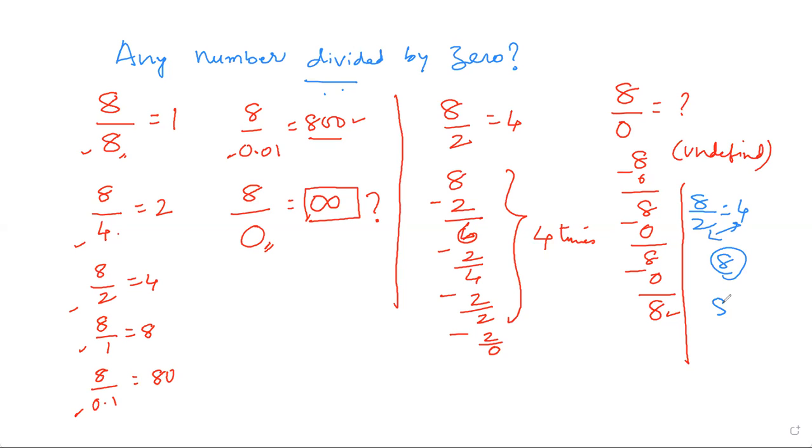Same way, if I say 8 by 0 is infinity, as we did earlier, then if I multiply 0 and infinity, this gives 8 is equal to 0, and this is not true, right? So we can say that any number divided by 0 is not infinity, but it cannot be defined. So we will say that this is undefined.